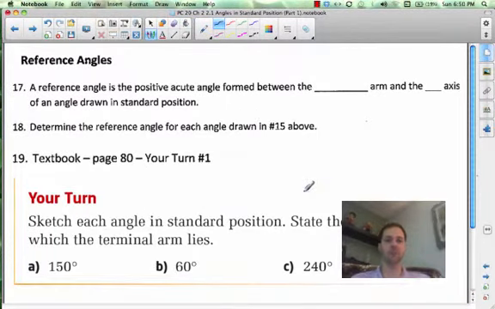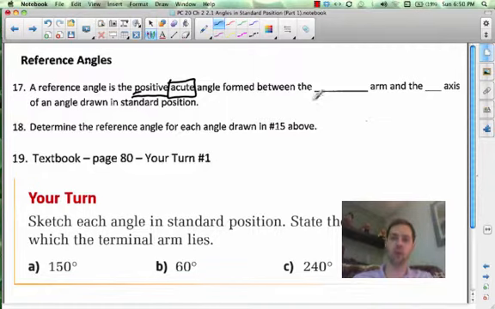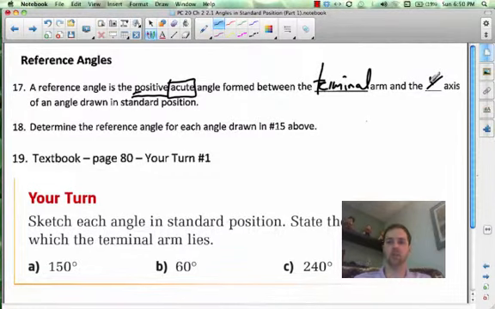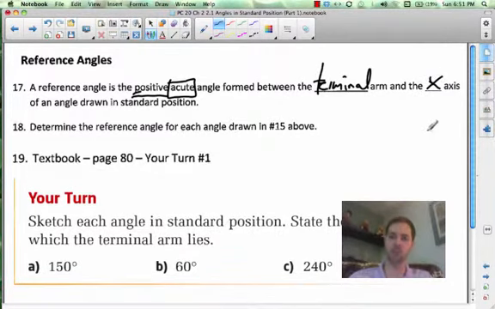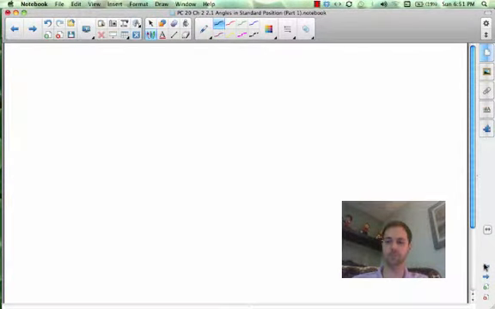Reference angles. The reference angle is the positive keyword here, acute keyword here. So the positive acute angle formed between the terminal arm and the x-axis. Now, in this case, for a reference angle, it doesn't have to be the positive x-axis. It can be any x-axis. So we're going to go back and determine the reference angle for each of the angles that we just looked at.